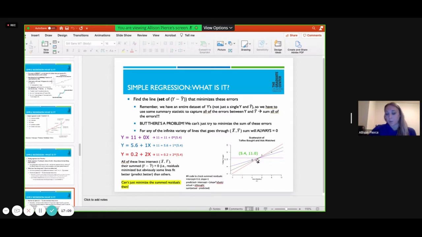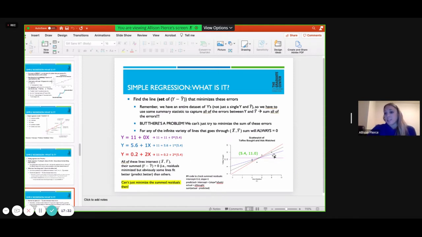But if we calculate all of the residuals from this data point to its line, this data point to this line, and we sum all of those, they will always equal 0 if that's all we're doing. So that's not going to help us find the minimal amount of error, because it's always going to be 0 for whatever line we draw that goes through the means.